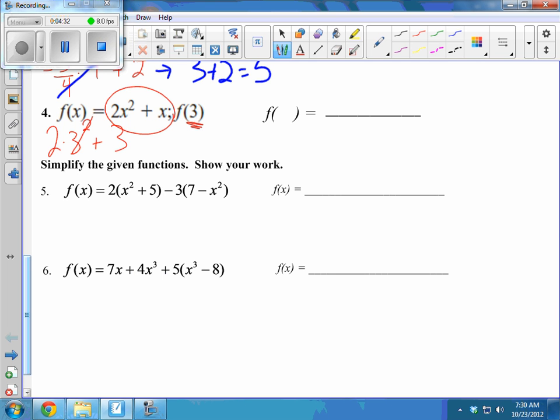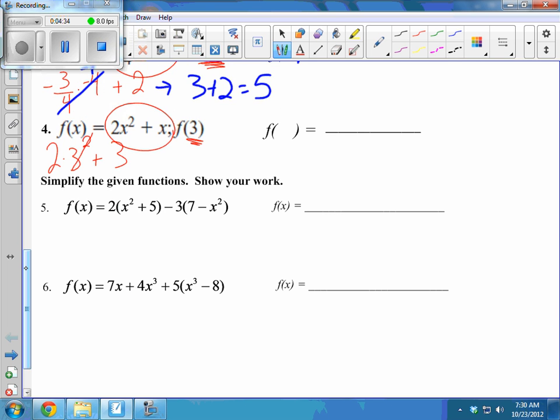And if you type it into your calculator incorrectly, it will give you negative 9. So just a heads up on that. So I get 9. After that, I'm supposed to multiply, and I get 18. So at this point, I'm at 18 plus 3 is 21. So my function, if I make x be 3, is worth 21.